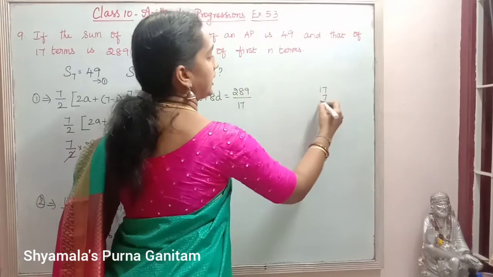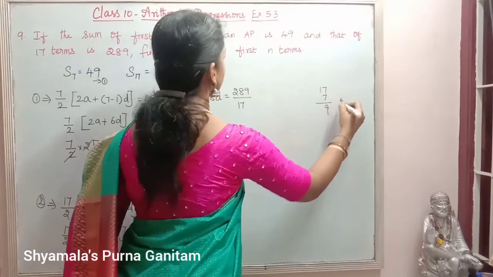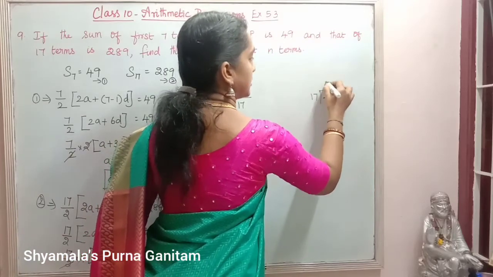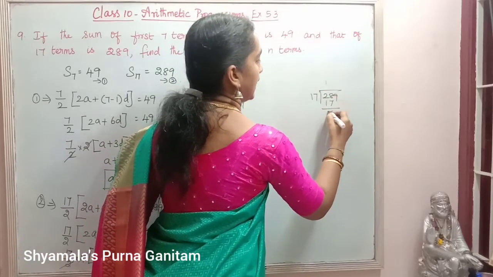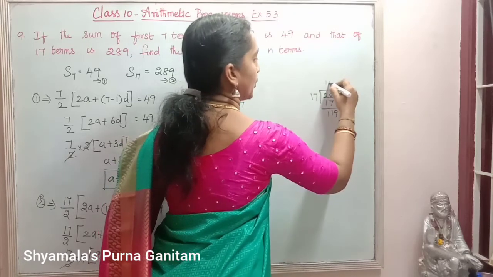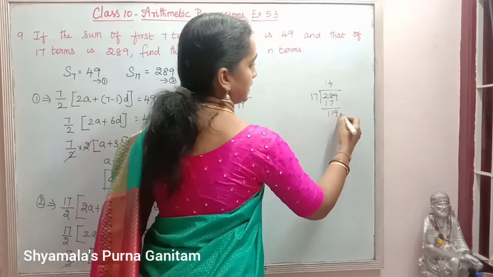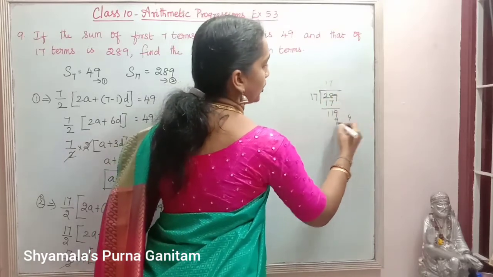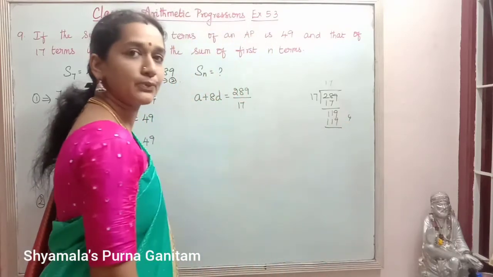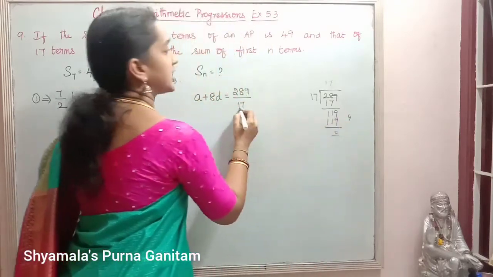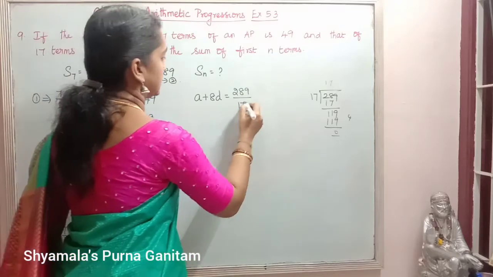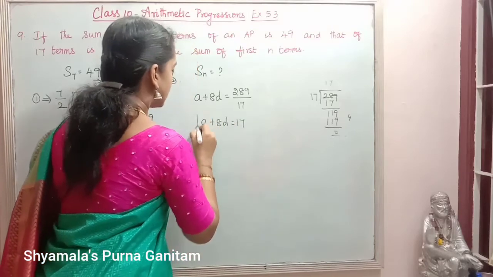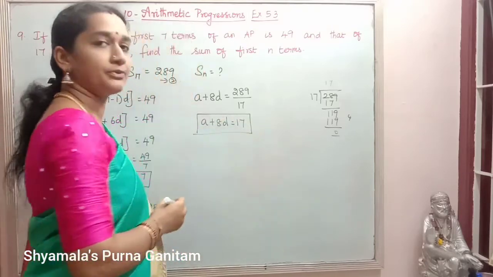How many times does 17 go into 289? 17 once is 17, the balance is 119, so 7 times. 7 sevens are 49, 7 ones are 7 plus 4 is 11, so the remainder is 0. So 17 into 17 is 289. So a plus 8d is equal to 17. This is the simplified form of the second equation.